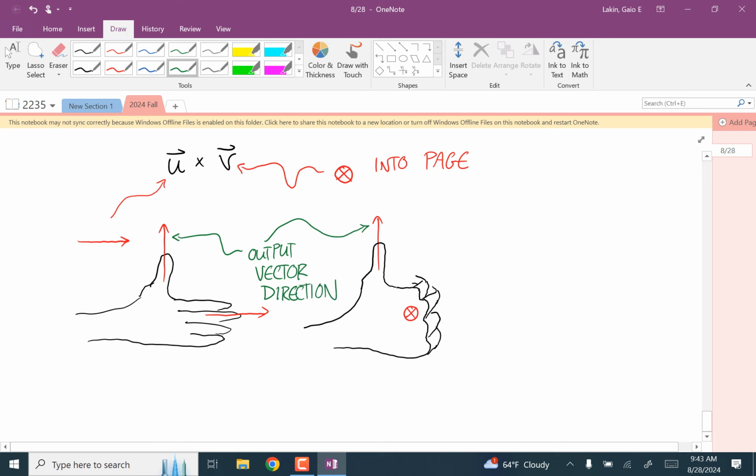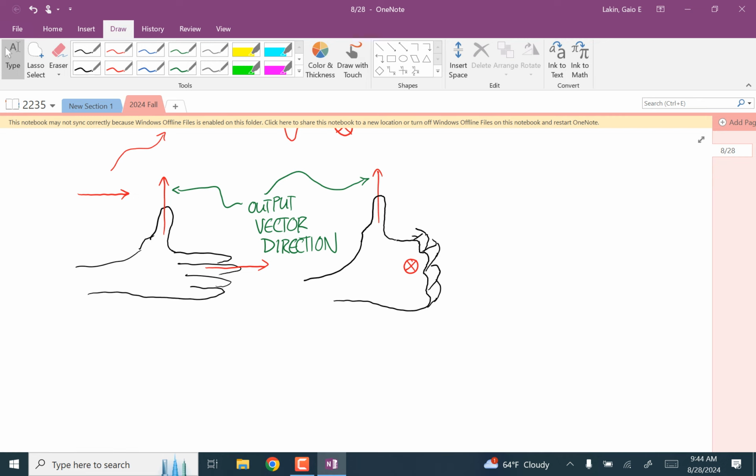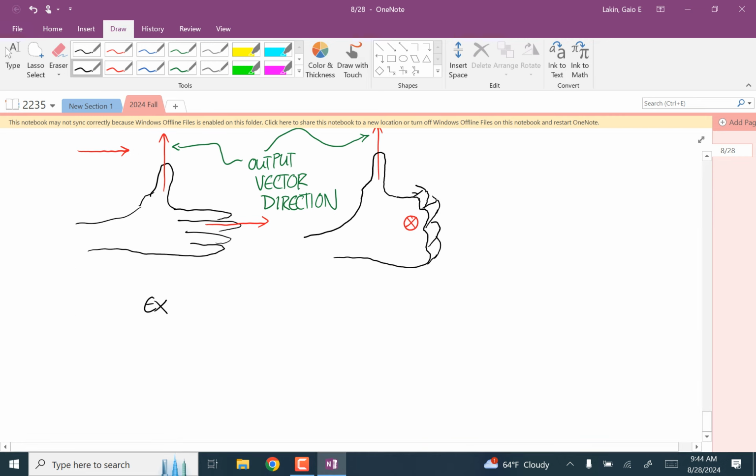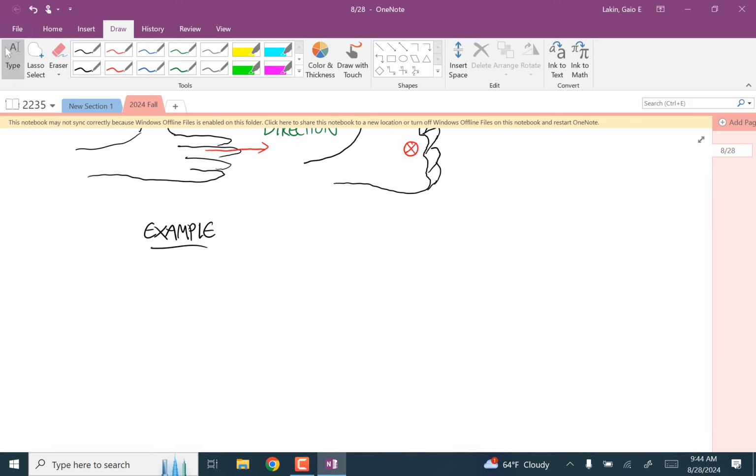Okay. So for example, let's think about the coordinate axes. Let's say that X is this way, Y is this way, and Z is sort of coming out towards us.